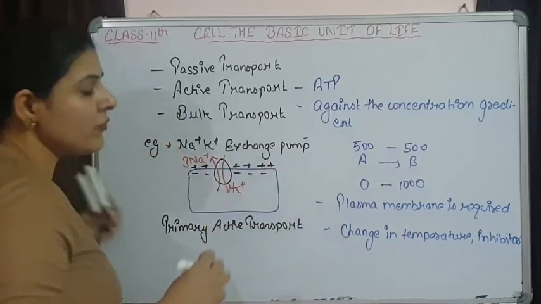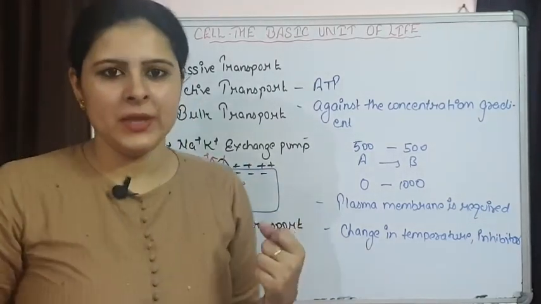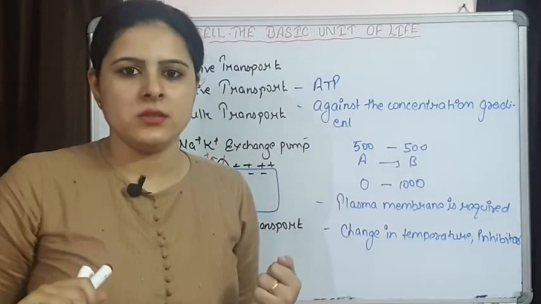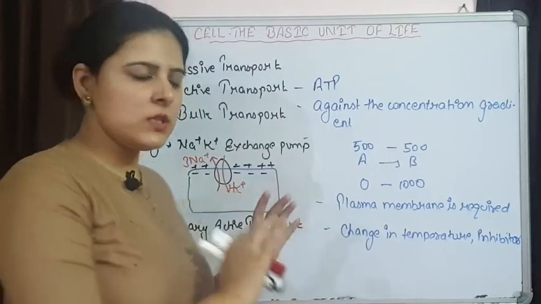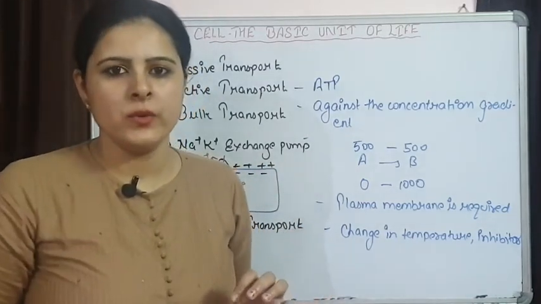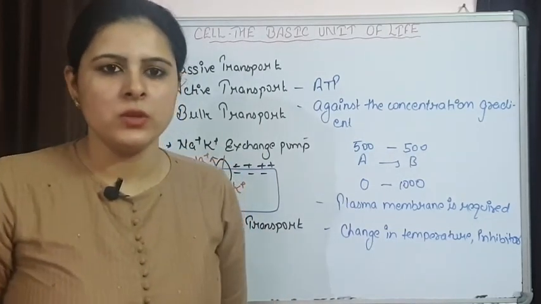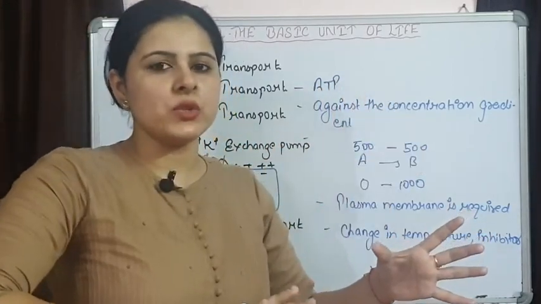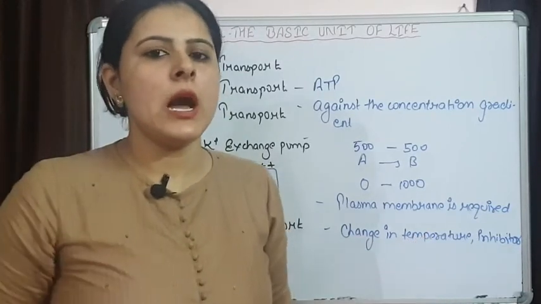Now many times, utilization of ATP facilitates the movement of other ions. So after primary transport, this phenomenon is favoring the movement of another ion also. That is the example of secondary active transport. So what is secondary active transport? It is the one in which the energy that is used in primary active transport is favoring the movement of other ions also.